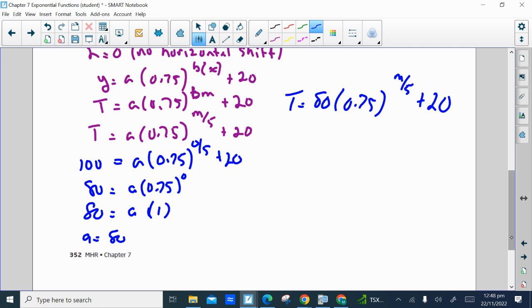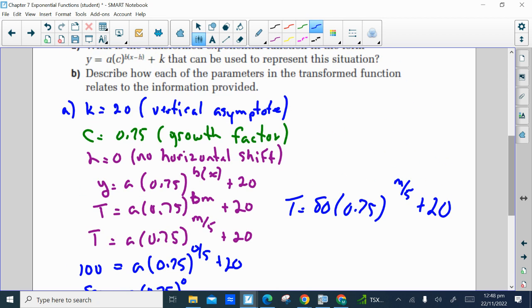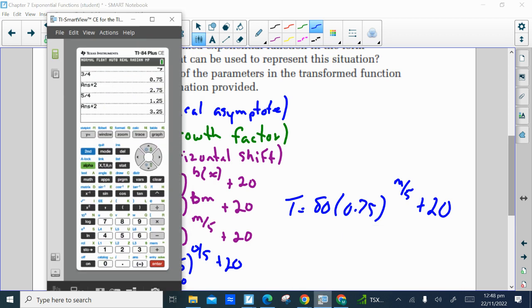So we can check to make sure that that equation matches the graph. If we open up our graphing calculator and we put this equation in there, 80 bracket 0.75, close the bracket, to the power x on 5, and then there's that plus 20 on the end.